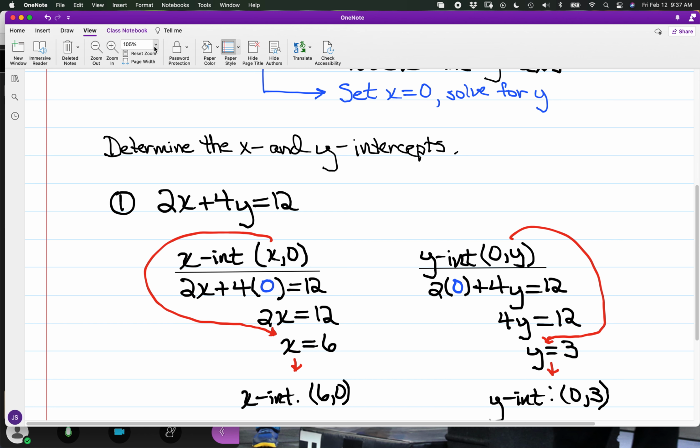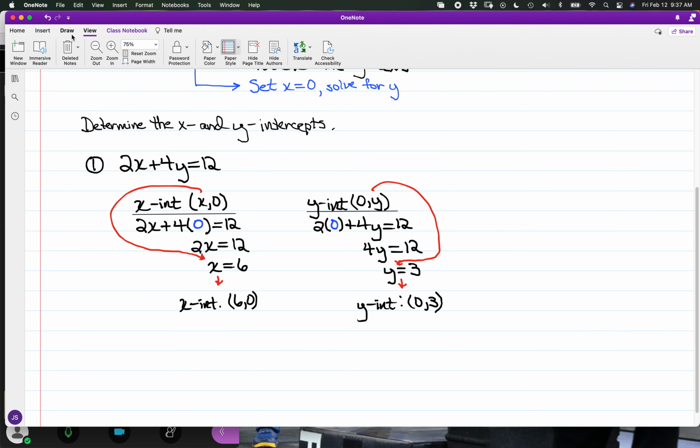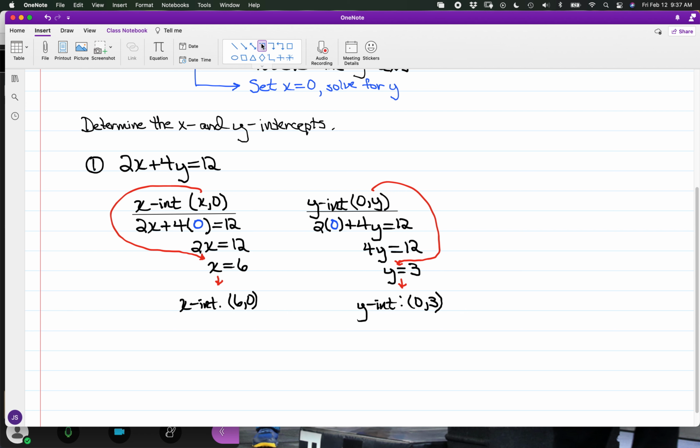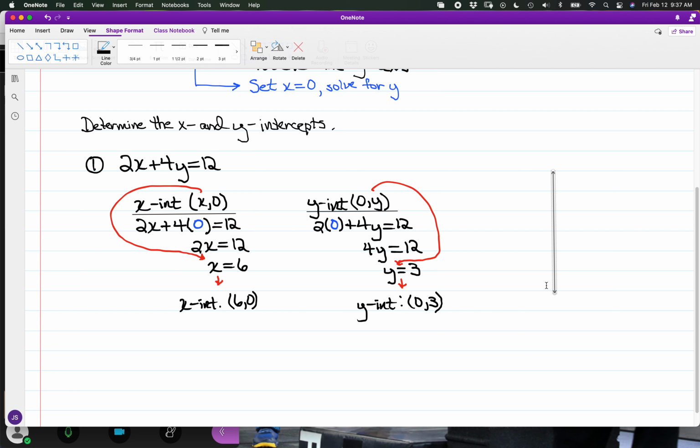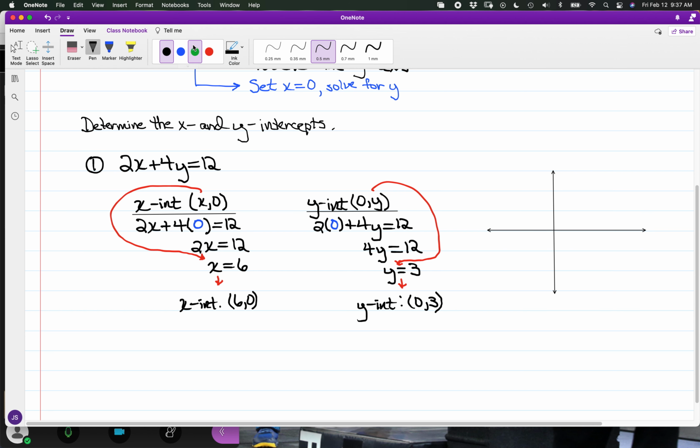And looking at what we have from a visual perspective, doing a bit of a quick sketch, again with the x and the y-intercepts.